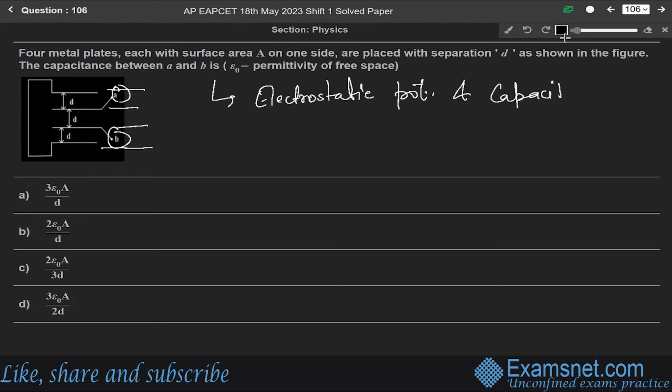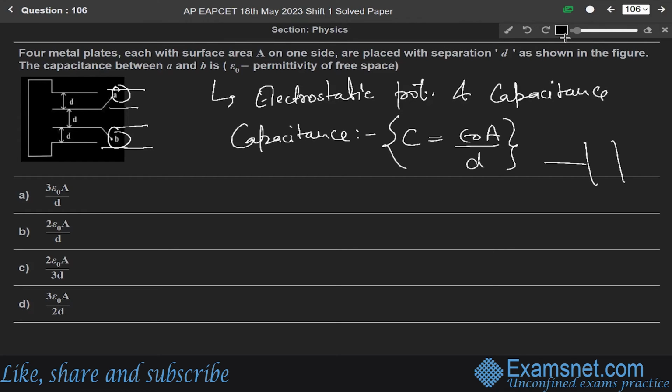So this question is from the chapter of electrostatic potential and capacitance. Now, since we have to find the capacitance between A and B, we know the formula for capacitance between any two adjacent plates: C equals epsilon naught A over D. This is the basic formula for finding the capacitance between any two parallel plates.